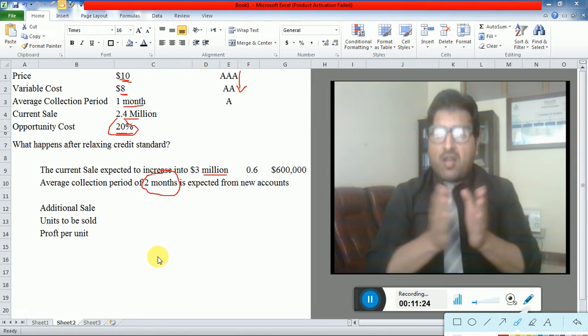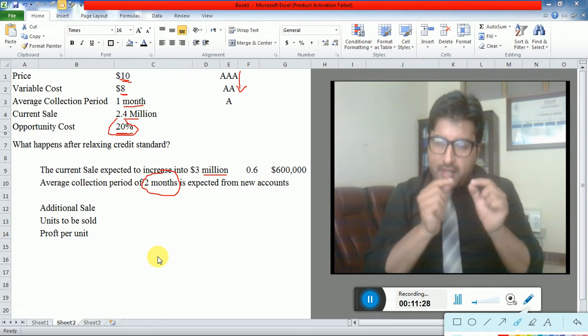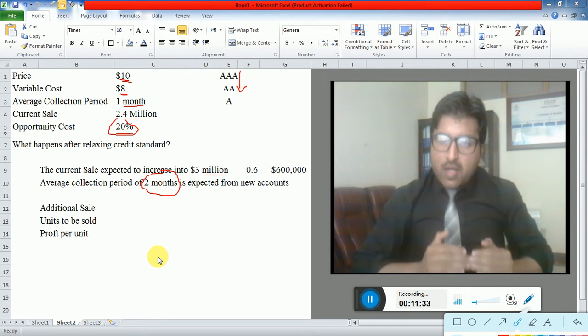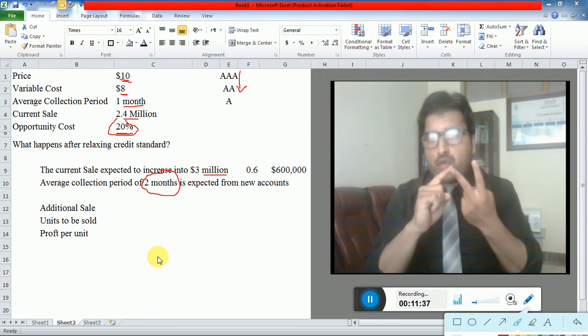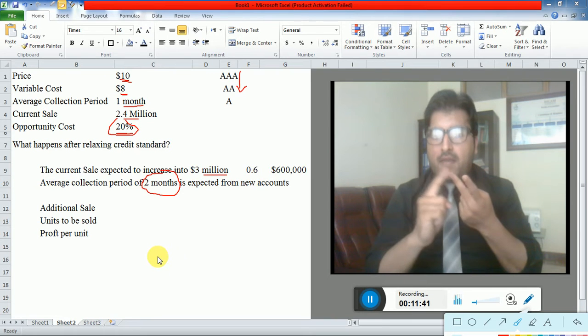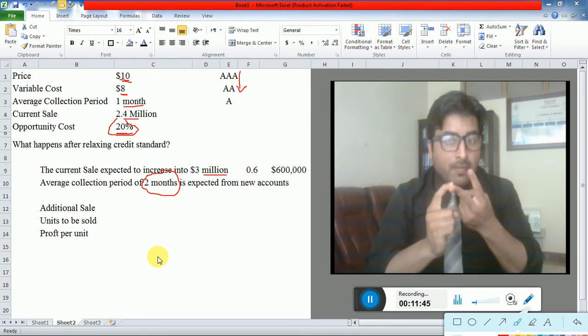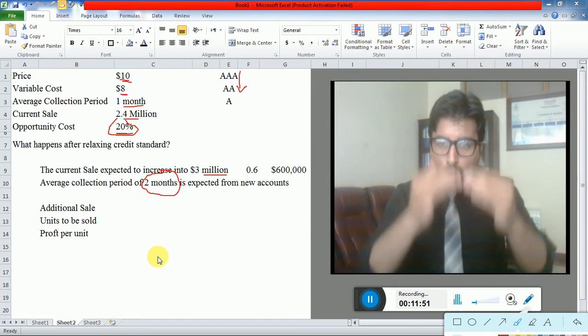And what is the analysis? We have to make sure whether this company should lower the credit standard or not. In this analysis, we need to measure 2 things. One is the profitability, and the second is the cost. So if the profitability becomes higher than the cost, then we advise the company to lower the credit standard.